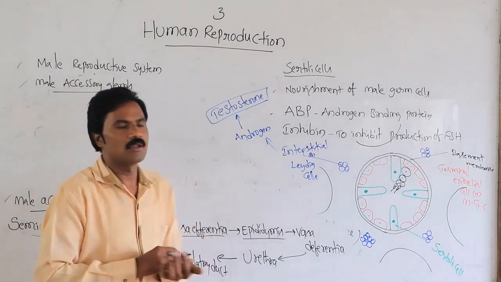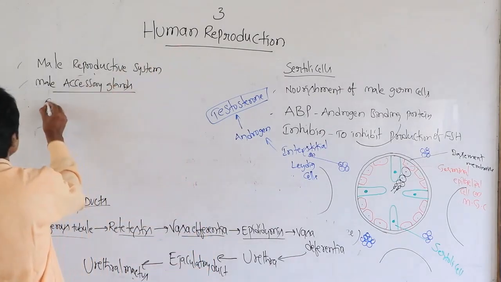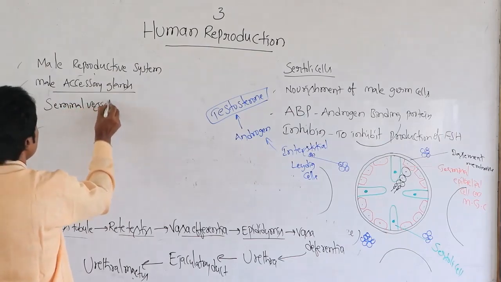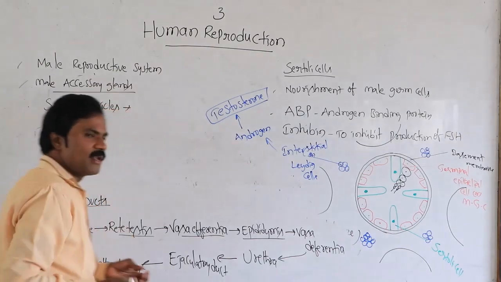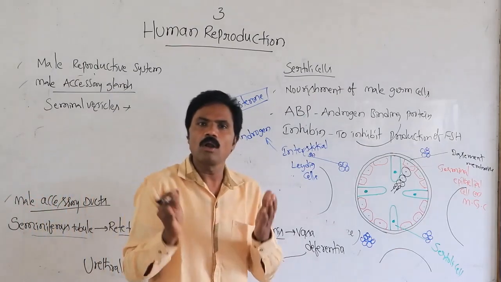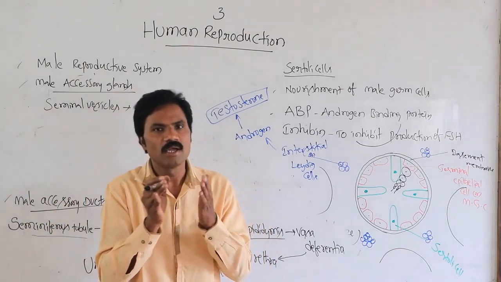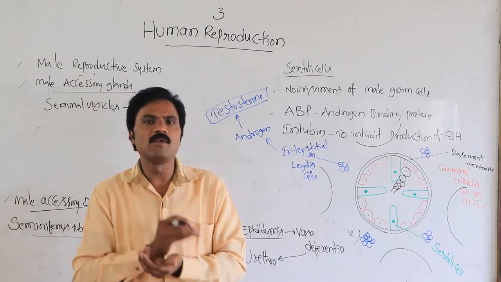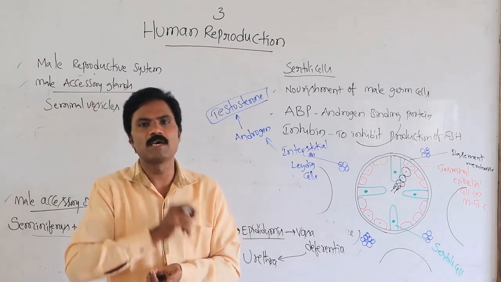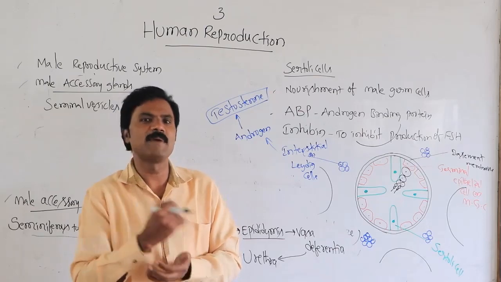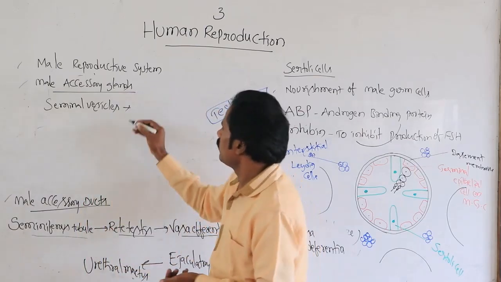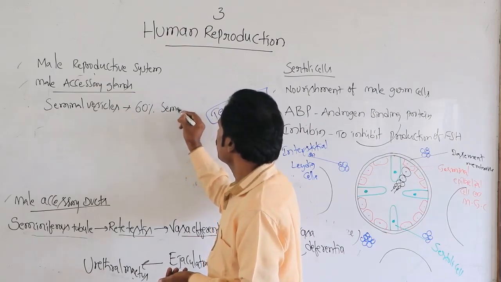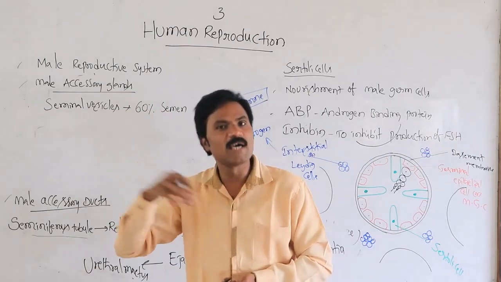Among these, the seminal vesicles secrete seminal plasma. How much percentage of the plasma? Commonly we call it semen. The seminal vesicle secretes 60% of the seminal plasma.